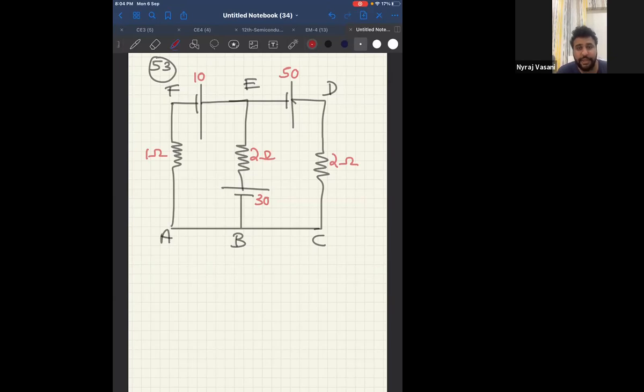Now see the solution, what they have done. Tell me, what is the first thing you notice in the solution? Check the solution and tell me what you think they have done.